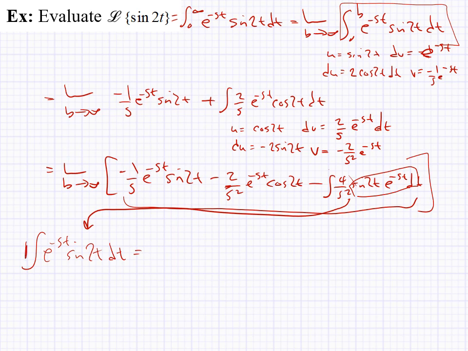I'm adding 4 over s squared to that. So what I now have is 1 plus 4 over s squared times the integral of e to the negative st sine 2t dt. Well, what is this really? This is going to be s squared plus 4 over s squared.